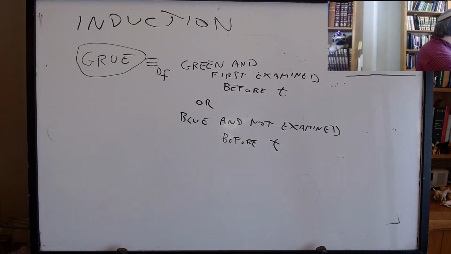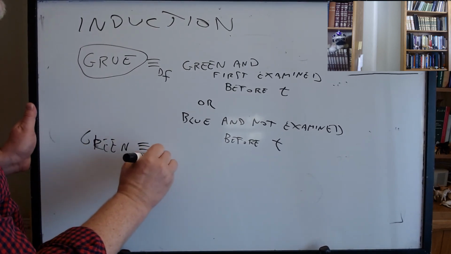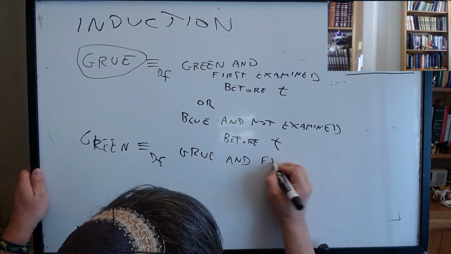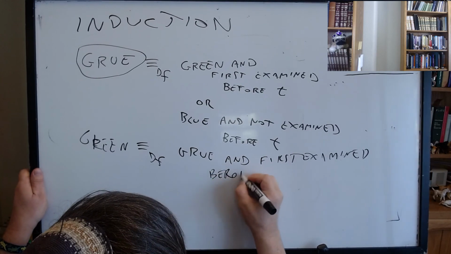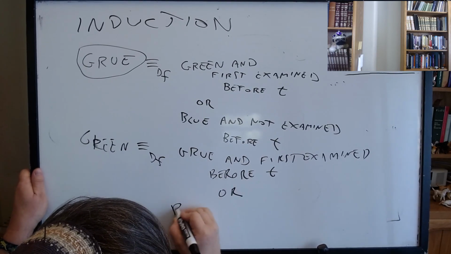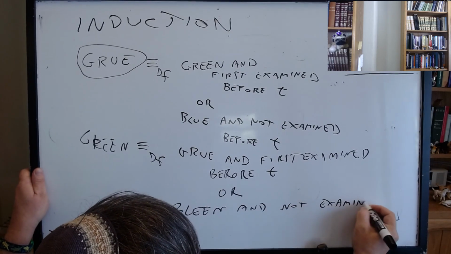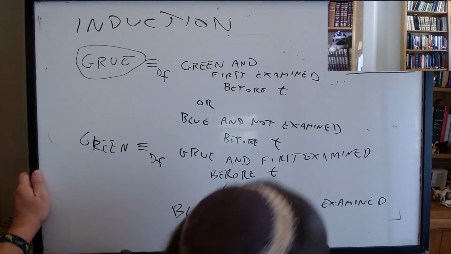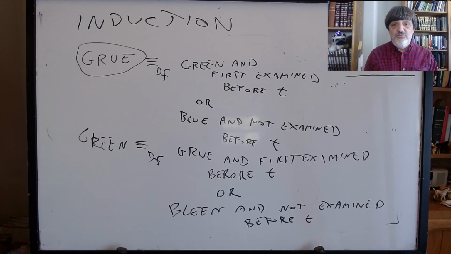But the problem is that, as Goodman points out, you can also define green as GRU and first examined before T, or Boolean and not examined before T. Because if something was examined before T and it's green, then it's definitely GRU.